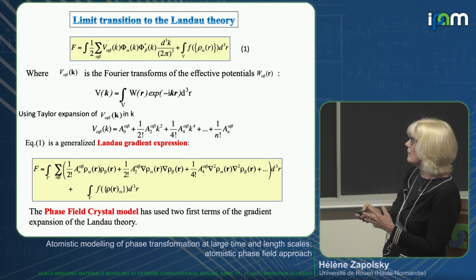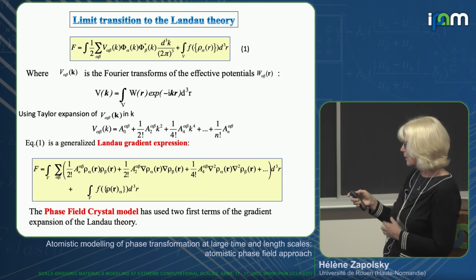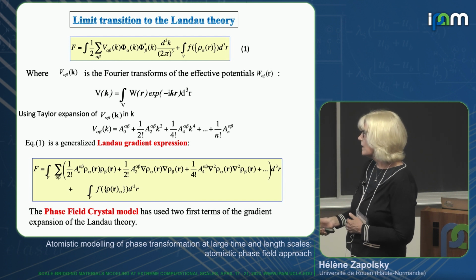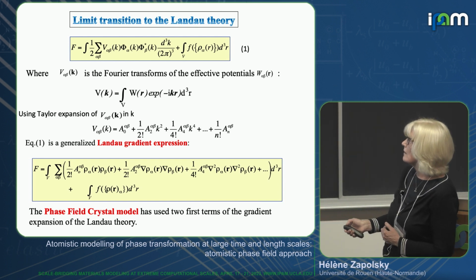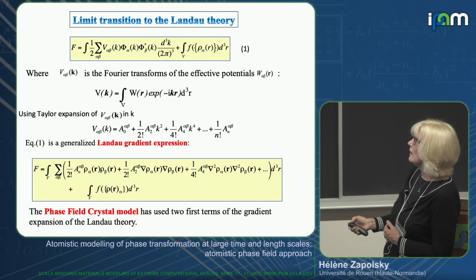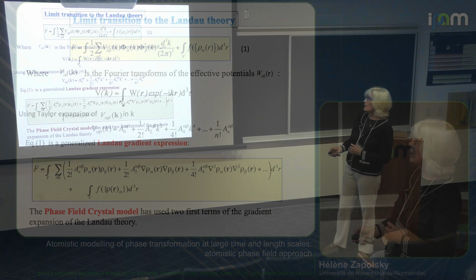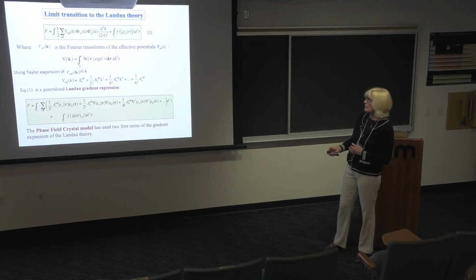But globally, if we would like to understand the link between the microscopic description and this phase field crystal model, we can just think about the free energy, which contains some homogeneous part and some interaction part. If we develop the interaction, the Fourier transform Vk, in a Taylor series, and we cut at the term k4, we obtain exactly the expression of the free energy in the phase field crystal.